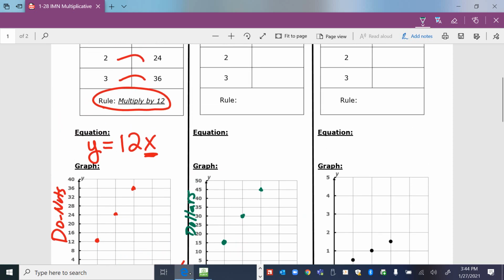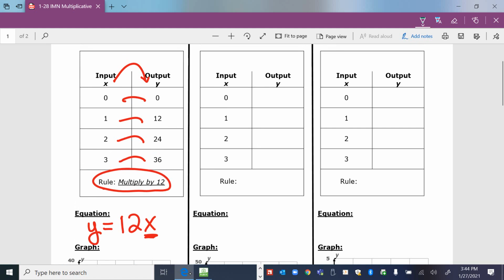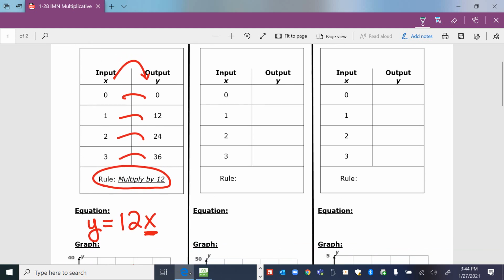Okay, so what would be the input-output table? If he works 0 weeks, he will get $0. If he works 1 week, he gets 15. 2 weeks was 30. 3 weeks was 45.